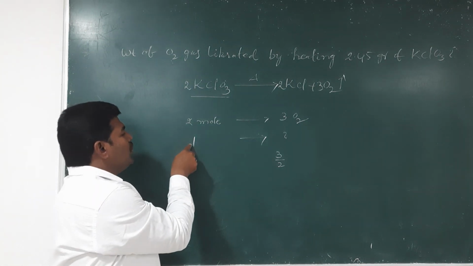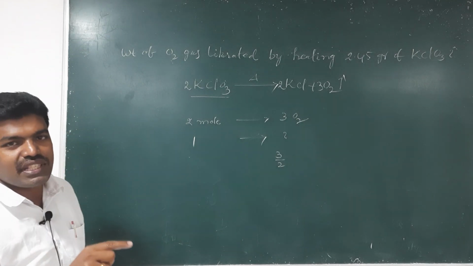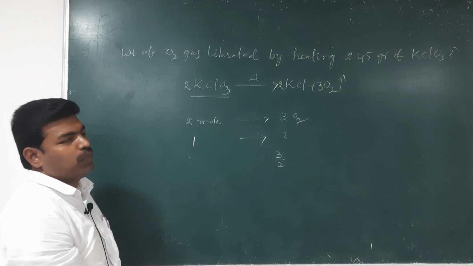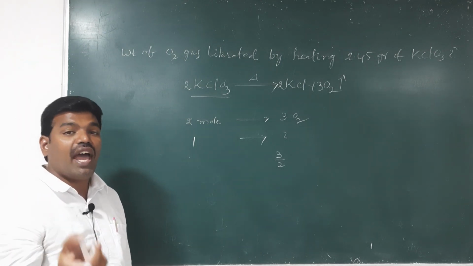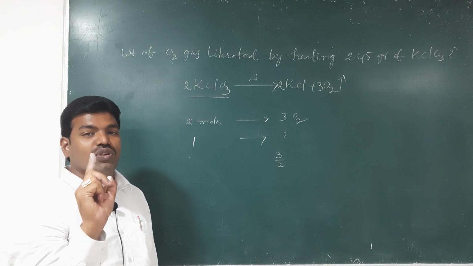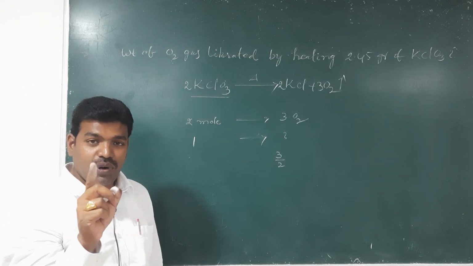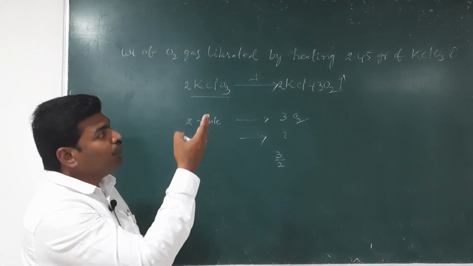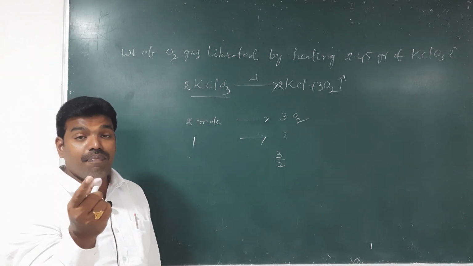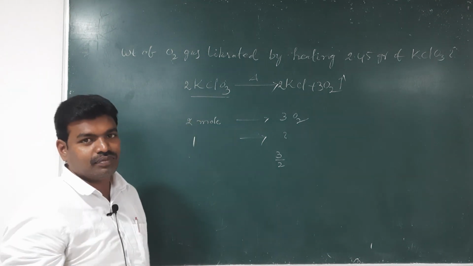but we don't know how many moles are involved in this particular process. So we have to calculate the number of moles of potassium chlorate. We know the weight of potassium chlorate, that is 2.45.